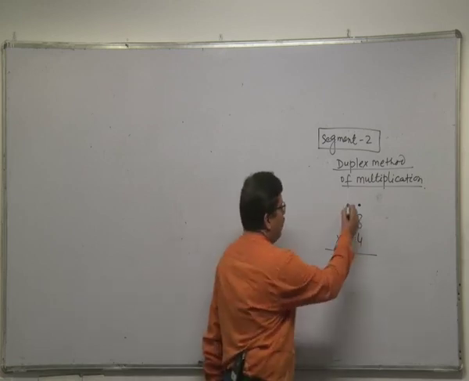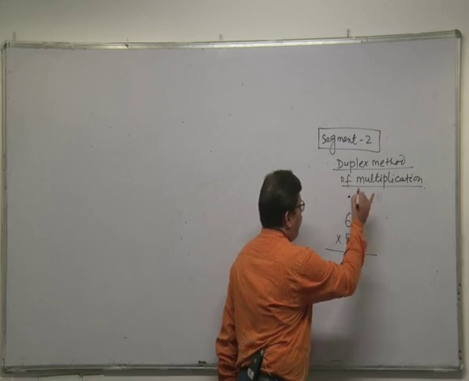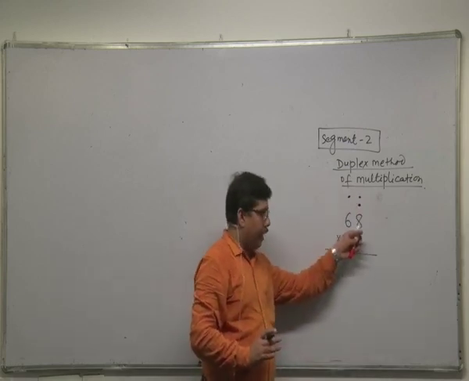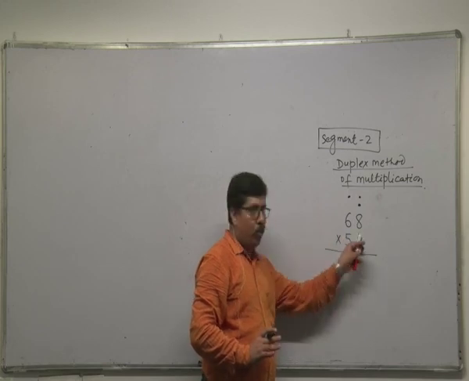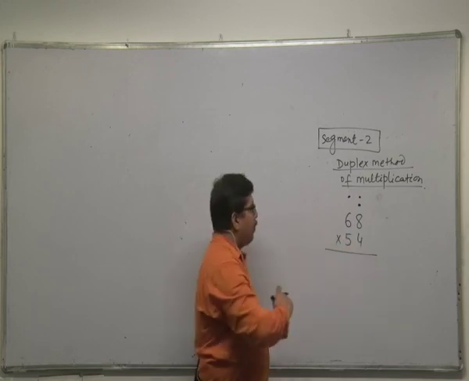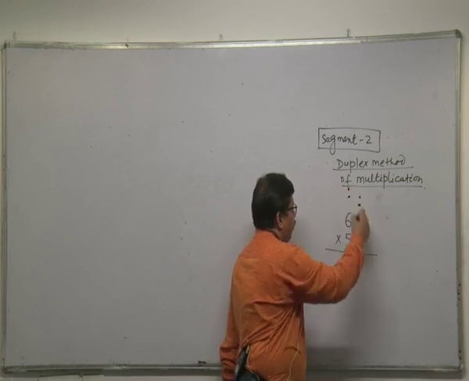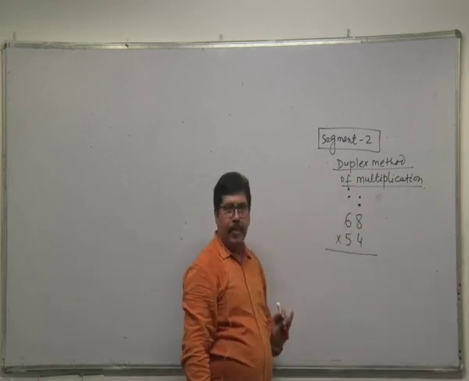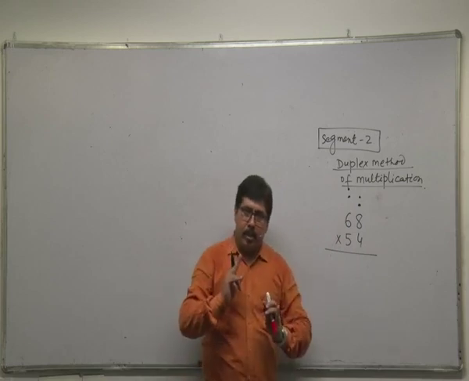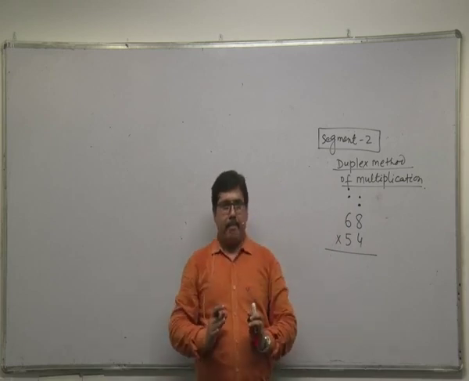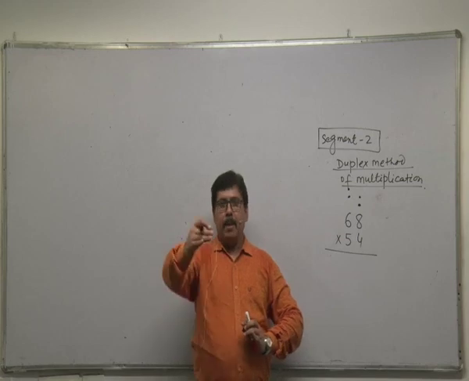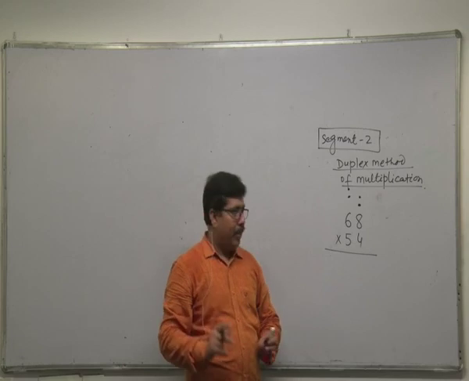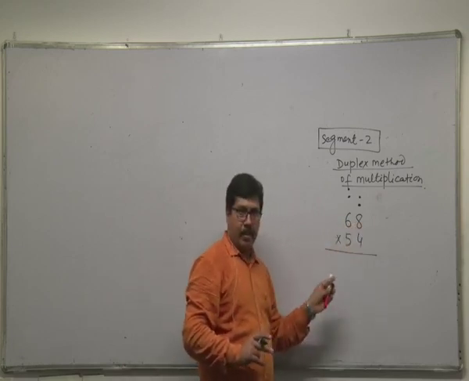Step number 2, take 2 digits from the right hand side. So this time we need to consider 68 and 54. Step number 3, just ignore 8 and 4 and consider 6 and 5. Whenever you consider one digit at a time, it is simple multiplication. And whenever you consider 2 digits at a time, it is cross multiplication.